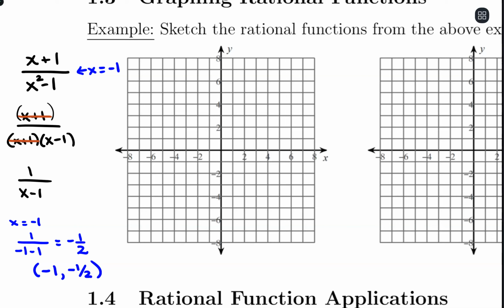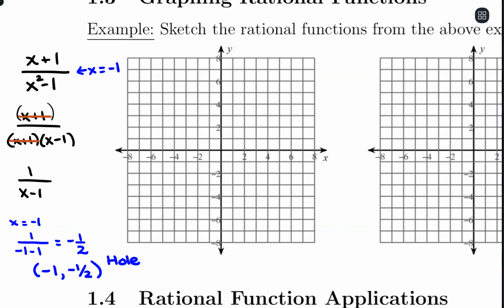So when we're graphing our function, it's really going to look like the simplified form of 1 over x minus 1. However, we want to keep in mind our original form, because that's really what we're graphing. But the only difference between these two forms is going to be that coordinate, which, like I was saying before, we're creating a hole at x equals negative 1.